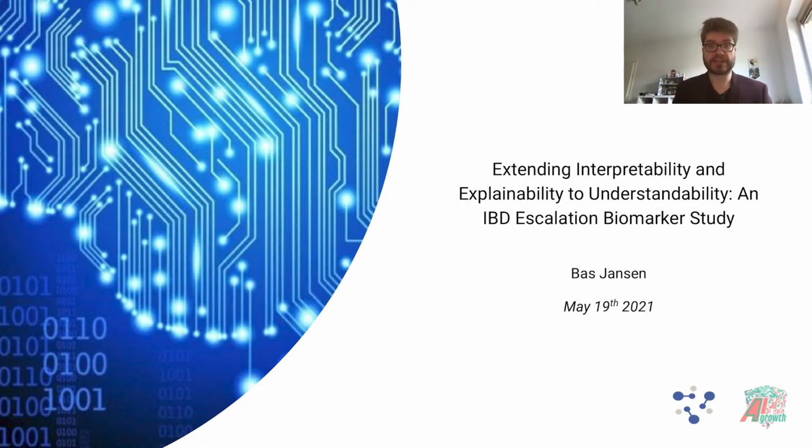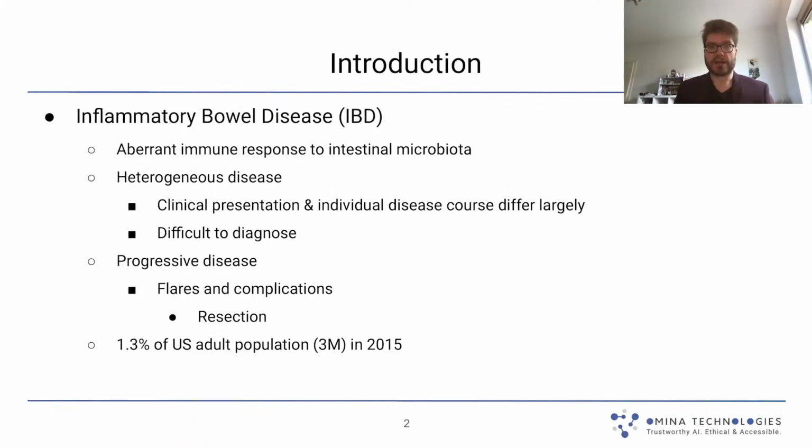I'm the head of life sciences at Omina Technologies, and today I want to talk to you about inflammatory bowel disease. Inflammatory bowel disease is an aberrant immune response to intestinal microbiota, and it's also a heterogeneous disease, meaning that its presentation to the clinicians and the track this disease goes through differs very largely per patient, meaning it's very difficult to diagnose.